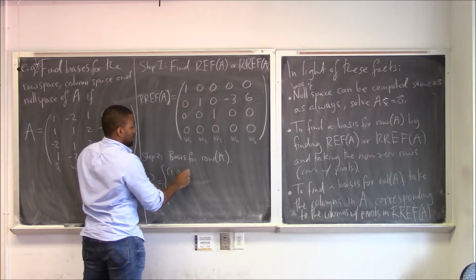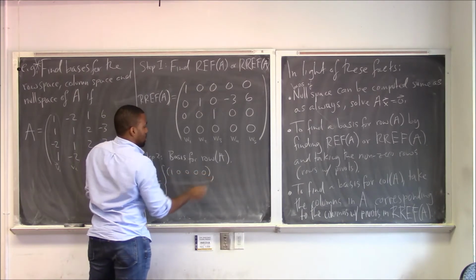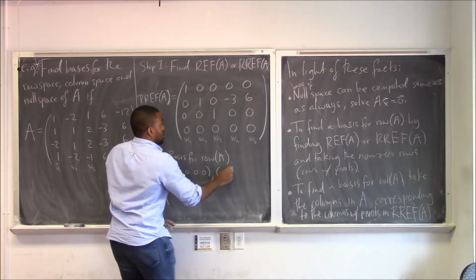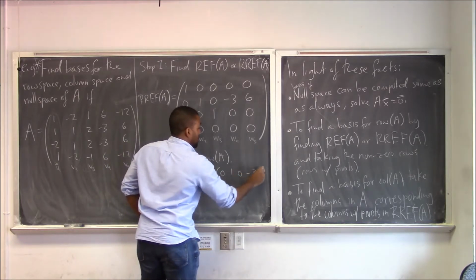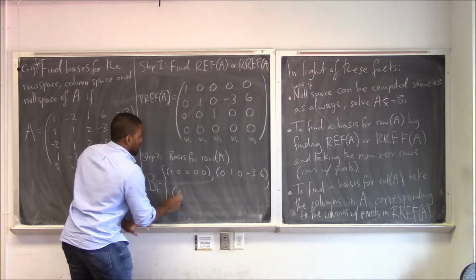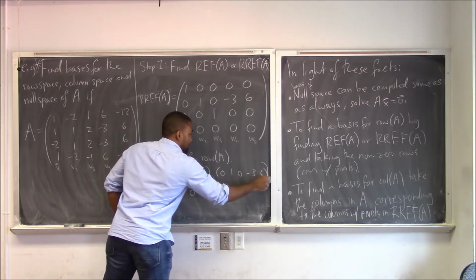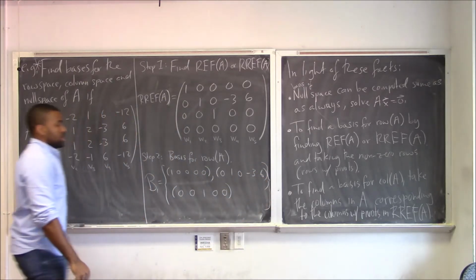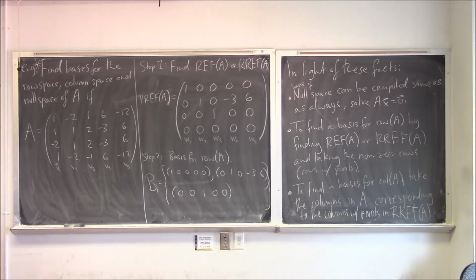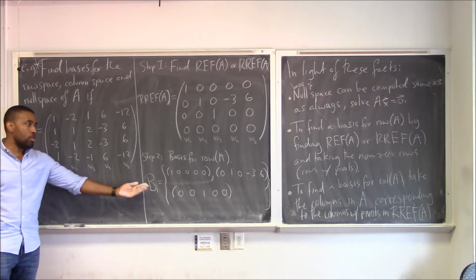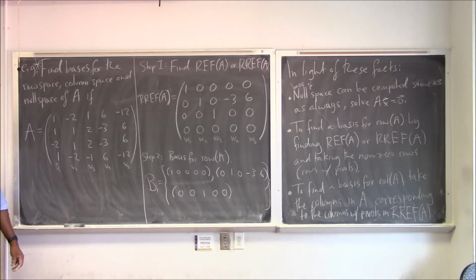1, 0, 0, comma, 0, 1, 0, 6, comma, 0, 0, 1, 0, 0. I mean, the space spanned by the row vectors of this matrix is precisely all possible linear combinations of those three vectors.